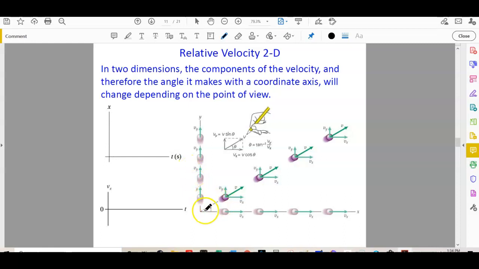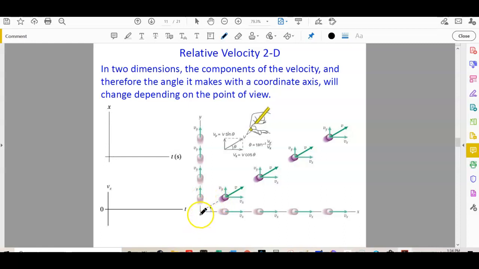If you have a ball or a hockey puck or something like that moving up and to the right, and the reference frame is right here, relative to this object, it's the same thing that we just did.